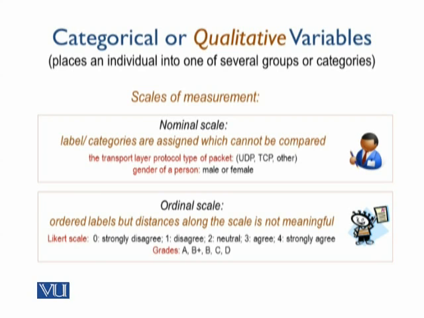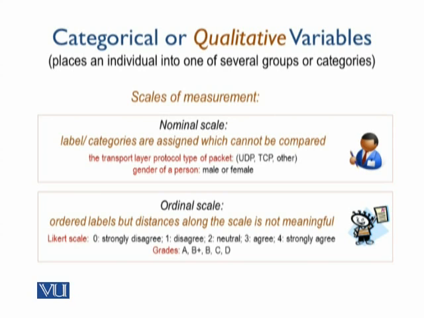So we have a sense of order. So we would know that 4 is more agreeable than 3, or it's more agreeable than 2. But how much more agreeable is it? The scale itself does not tell us. It is only telling us the order.